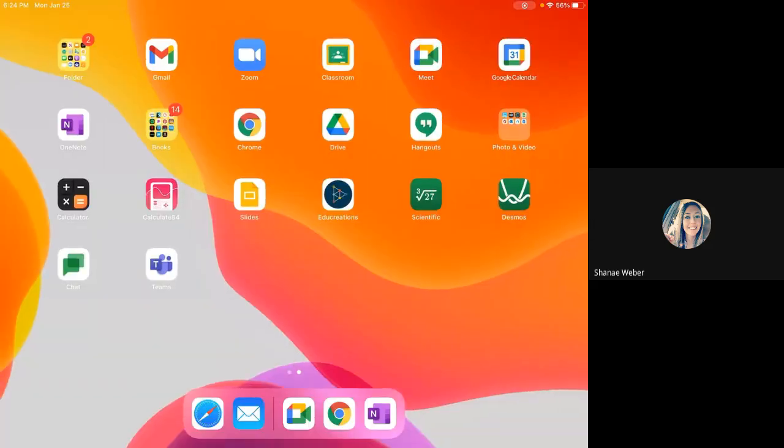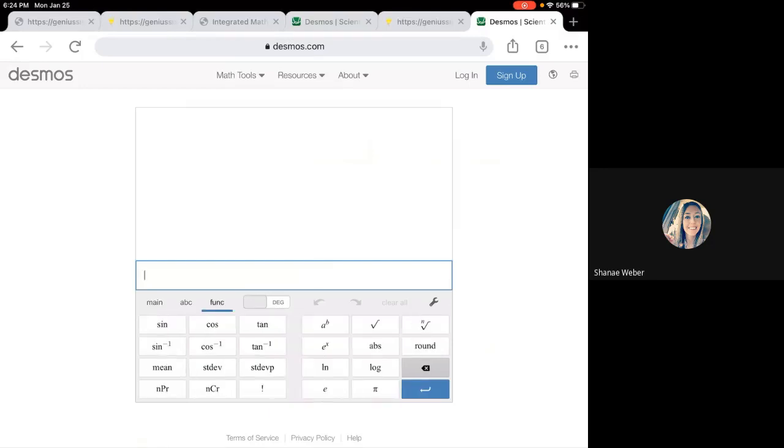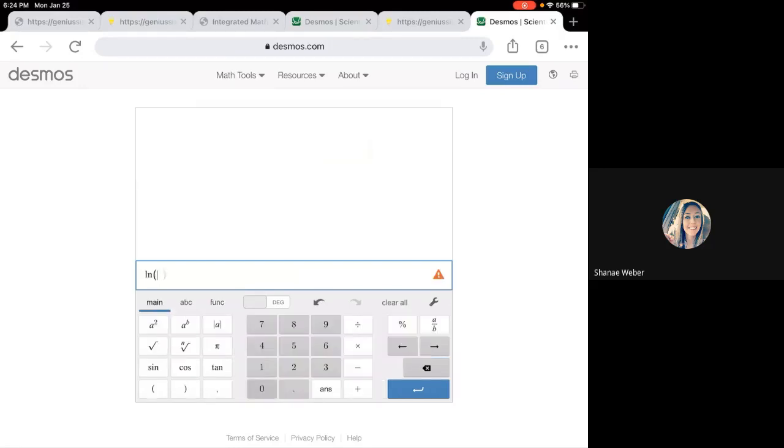So first we need to take the natural log of 0.51. I'll show you that real quick, because that's going to give us a decimal number over here on the left. How we do that on here, the natural log is under functions, and it's right down here. So I'm going to take the natural log of 0.51, and I get negative 0.6733.